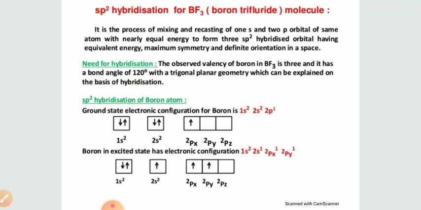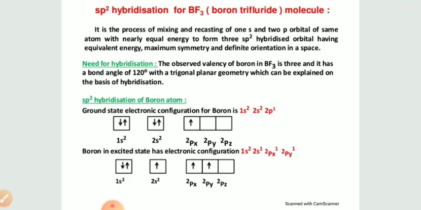It is the process of mixing and recasting of one s and two p orbitals of the same atom with nearly equal energy to form three sp2 hybridized orbitals having equivalent energy, maximum symmetry, and definite orientation in space. It has a bond angle of 120° with trigonal planar geometry.